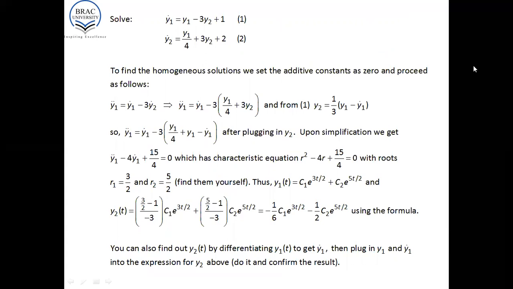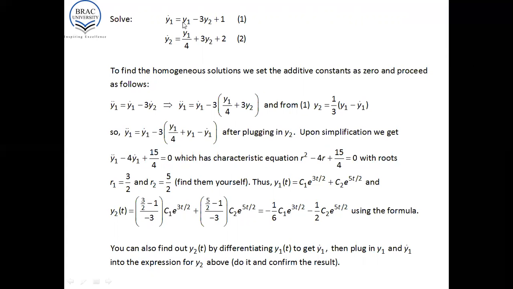Now let's look at an example. Let us solve Y1 dot equal to Y1 minus 3Y2 plus 1, and Y2 dot equal to Y1 by 4 plus 3Y2 plus 2. To find the homogeneous solutions, we set the additive constants to 0. So we get rid of the 1 and the 2 and replace them with 0, and we proceed as follows.